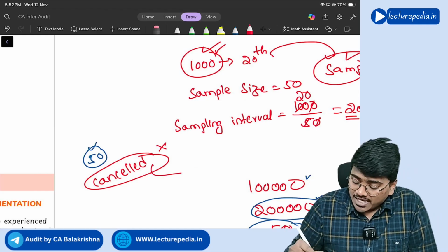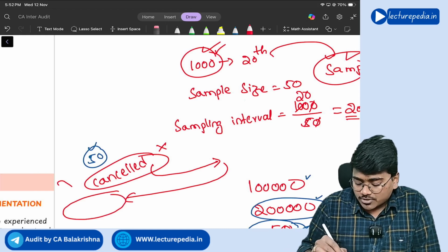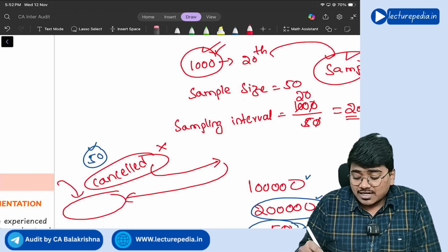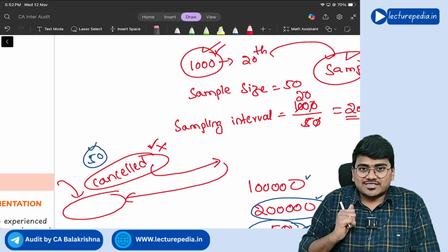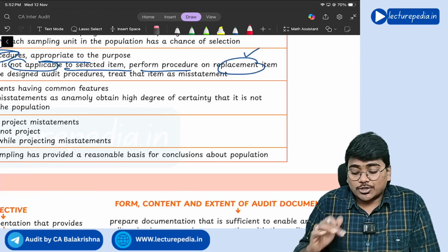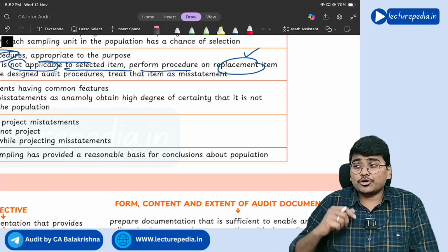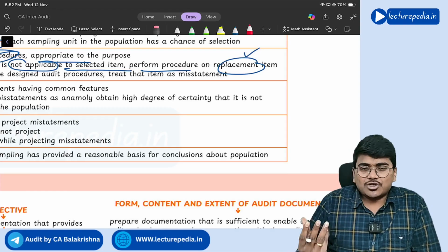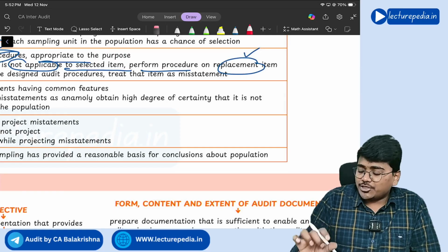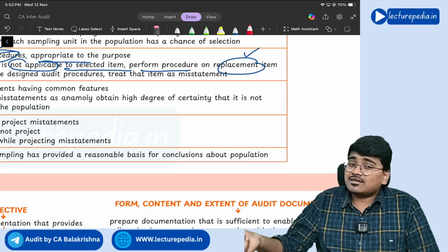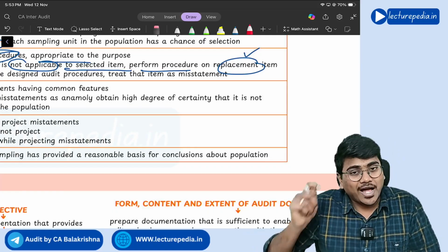You will replace this cancelled check with another new check and perform the audit procedures on that new check. So here, this cancelled check becomes a replacement item. Getting it? Yes. So during your audit procedures, if you find any item selected into the sample to which your audit procedures are not applicable, then you will call that a replacement item, remove it from the sample, take a new item into the sample and perform audit procedures on that new item.